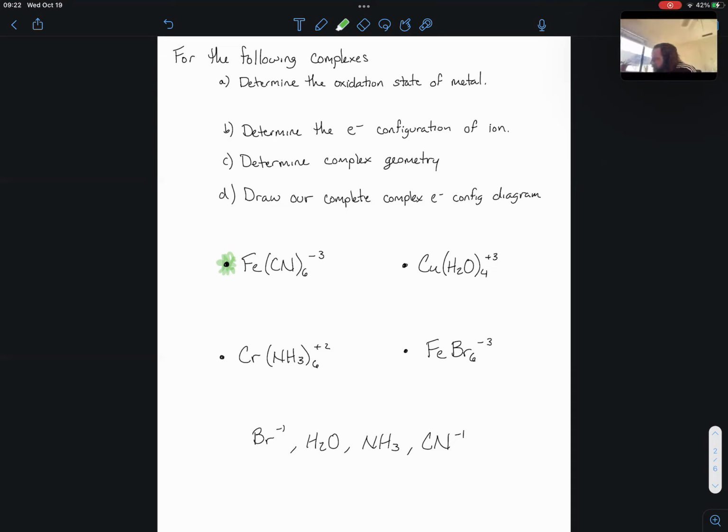And remember, you're determining the oxidation state. It's not just the charge on the complex, it's the charge on the metal ion, taking into account your ligand charge. This is the net charge that accounts for what the charge of the ligand and the metal ion are.